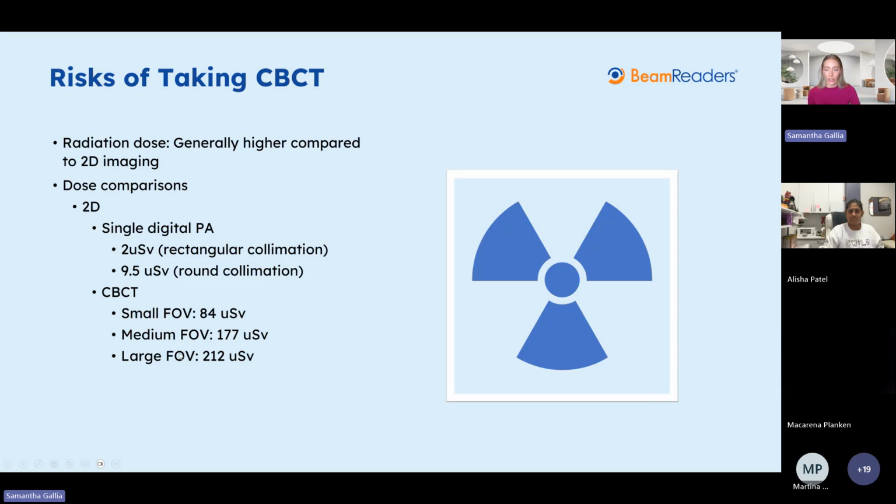There are some other really good resources online that can give you examples of how much radiation a CBCT performs generally. I always like to have those in the back of my mind in case the patient asks, comparing it to real life situations like you would with 2D radiographs.